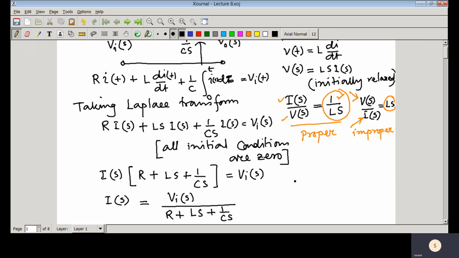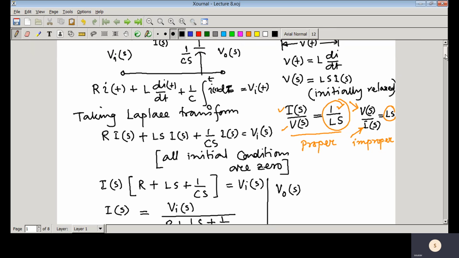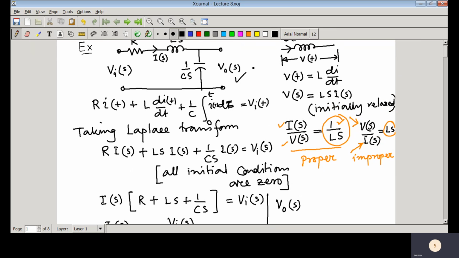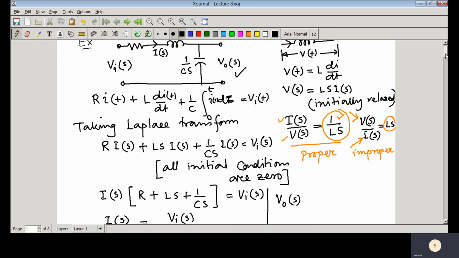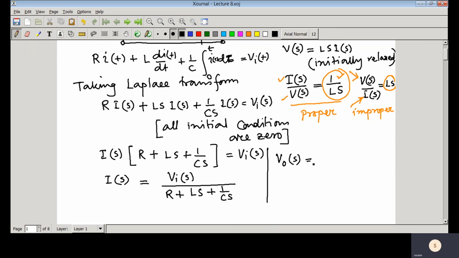Now what is Vo(s)? The output voltage across the capacitor, Vo(s), equals 1 by Cs into I(s).